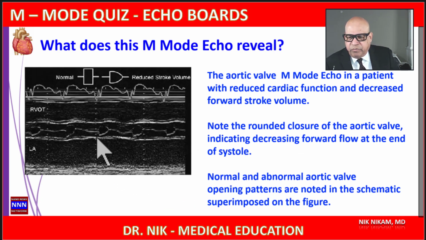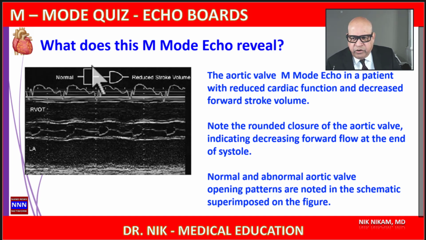Number 3, there is premature closure of the aortic valve. That means towards the end of systole, there's nothing really going through the aortic valve. As a result, the aortic valve prematurely closes. This patient also has a conduction disturbance on the electrocardiogram, as you can see, which may have some significance in terms of the advanced cardiac condition that we are dealing with.